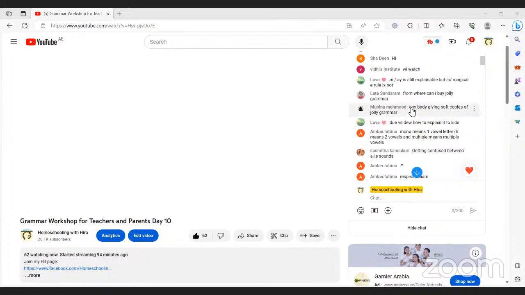Is anybody giving soft copies of Jolly Grammar? खुदा के लिए please don't do this. Don't ask for soft copies or PDFs of Jolly Grammar or Jolly Phonics. This is illegal. Please don't promote piracy. Don't give pirated books to each other.